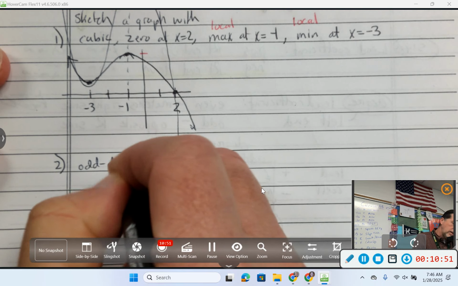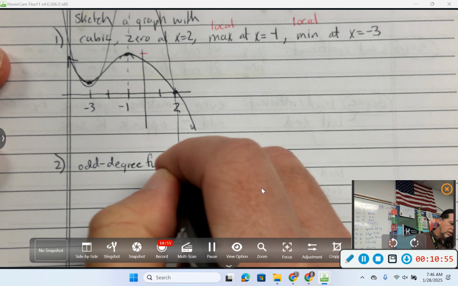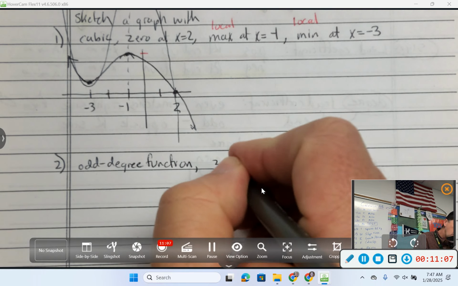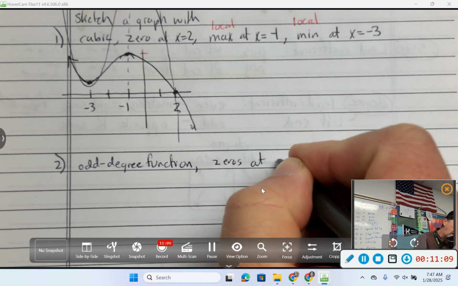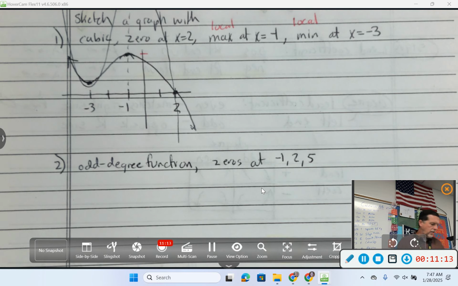Let's see. This one we want an odd degree function. So what does that mean? Opposite, the ends will be doing opposite things. We don't know which way yet, but opposite ends. Zeros at -1, 2, and 5.